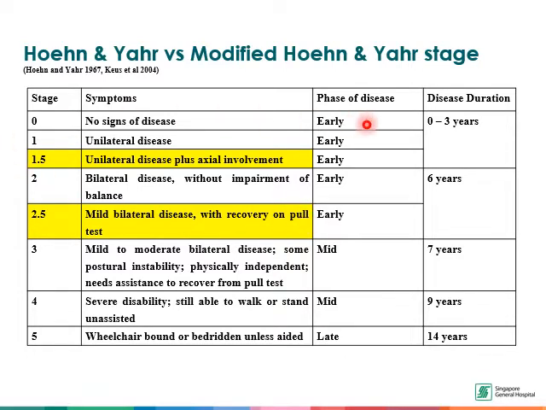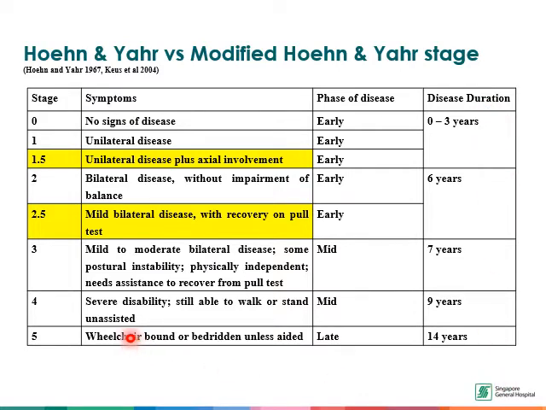So this is a nice table because it shows the stage as well as the corresponding phase of disease, whether it's early, mid, or late, as well as the number of years of having Parkinson's.